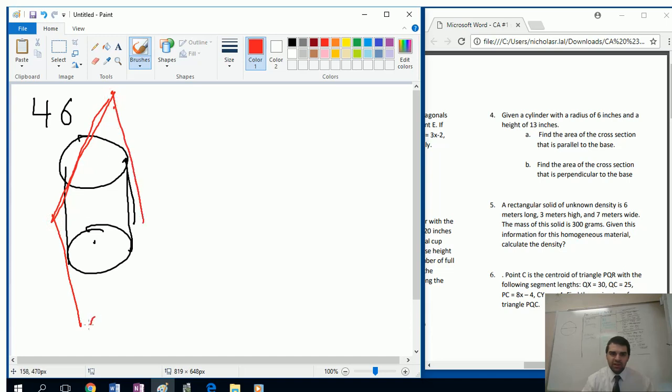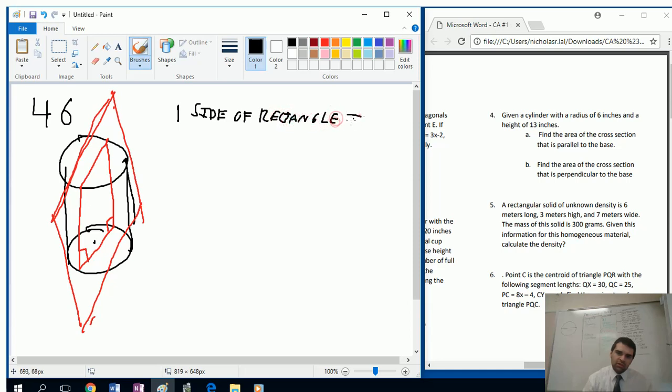I'm really messing up this drawing, but if you look at that plane that goes through, it's going to create a rectangle for the shape that's perpendicular to the base. And the reason why that's perpendicular to the base is because if you look at the base right here, it's creating a 90-degree angle with the base. But anyway, you have this rectangle where one side of the rectangle is going to be equal to the diameter of the base.